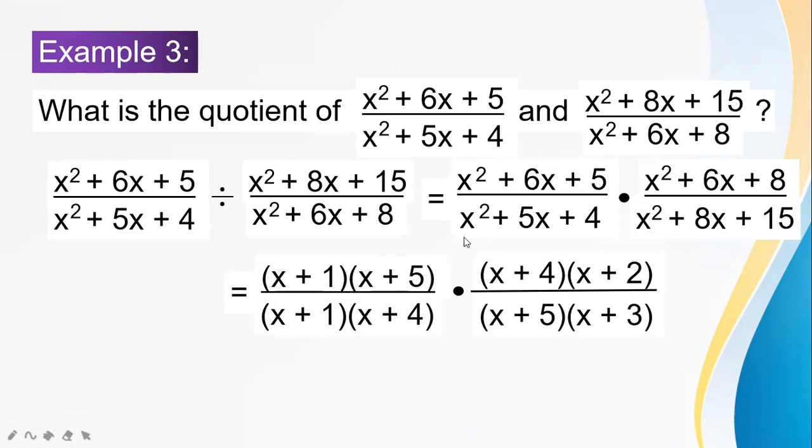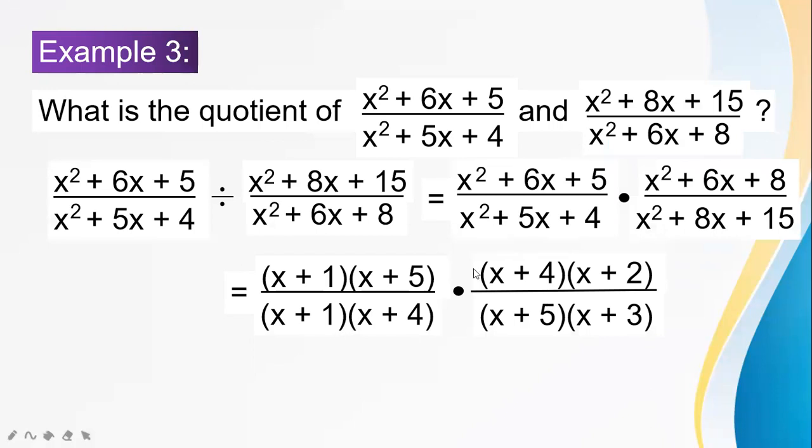Next, the factors of x squared plus 5x plus 4 are x plus 1 and x plus 4, because 1 times 4 is 4, and adding gives 5x.